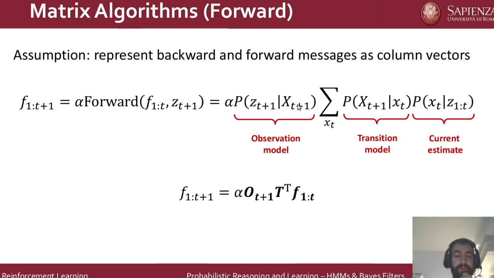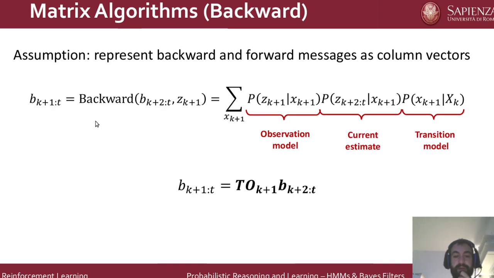So for computing the forward estimate, you just multiply the observation matrix by the transition function and your previous estimate. Similarly, you can do a similar thing for the backward part, for the smoothing. So you're taking your future estimate, you're multiplying this by the observation model, and then you're going back in time through your transition function.